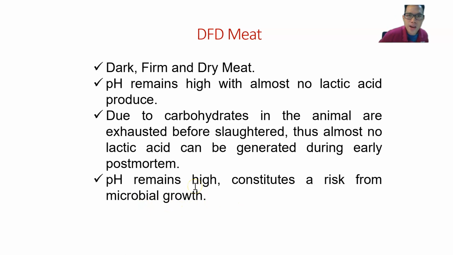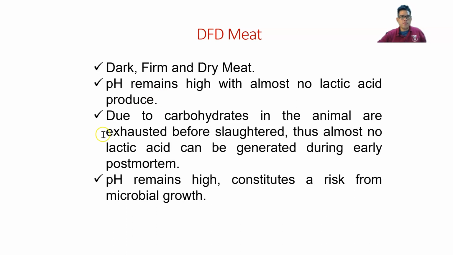Okay, why is this DFD happening? It could be due to the carbohydrate in the animal being exhausted before slaughter. So when there's no glucose, it cannot be converted to lactate, and so the pH will remain high.